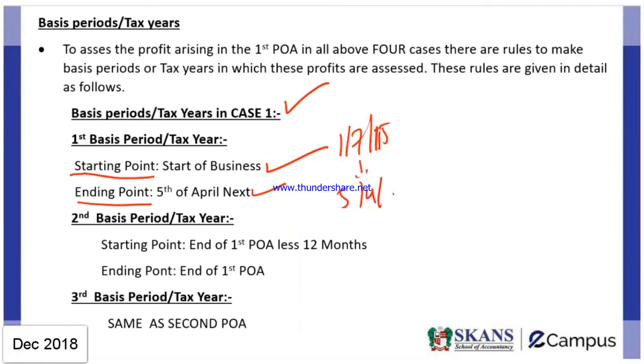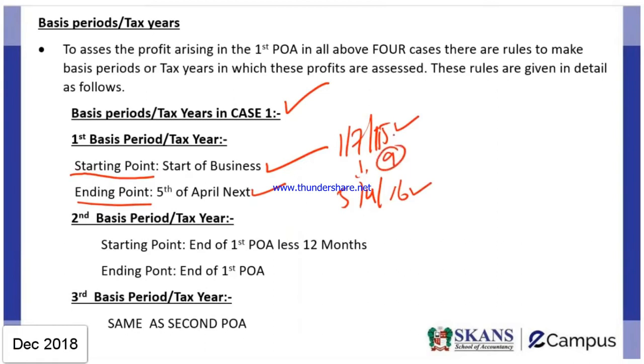What is the 5th of April next? This is 5th of April 2016. If you apply the rule, the starting point is the start of business, July 2015, and the ending point is the 5th of April next. Now, if you count, there are 9 months.